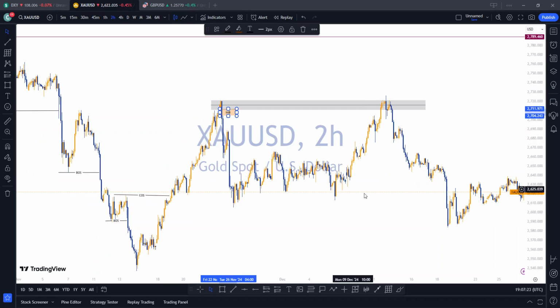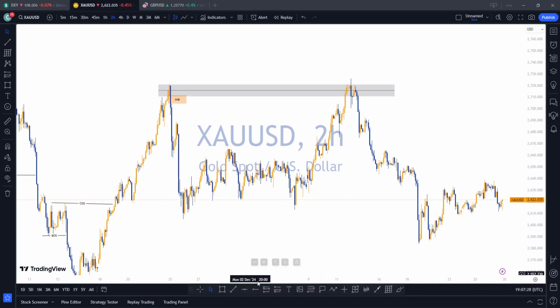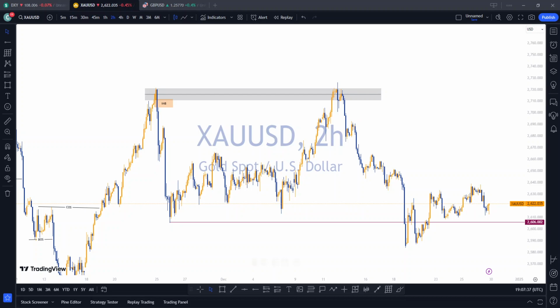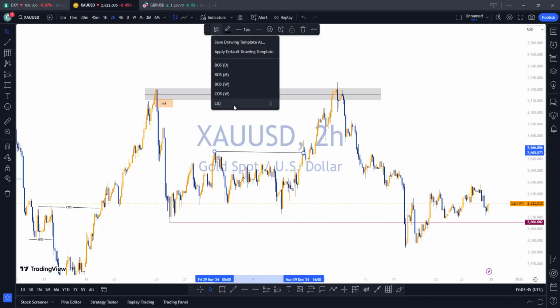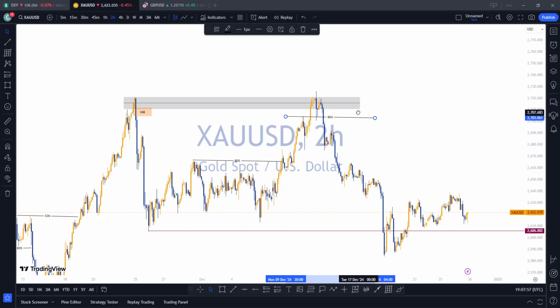So now let's see, when the market reacted, this was our previous low, right? The market reacted from it. So we have this market breakout structure right here, right? And this is the highest breakout structure we have right here.